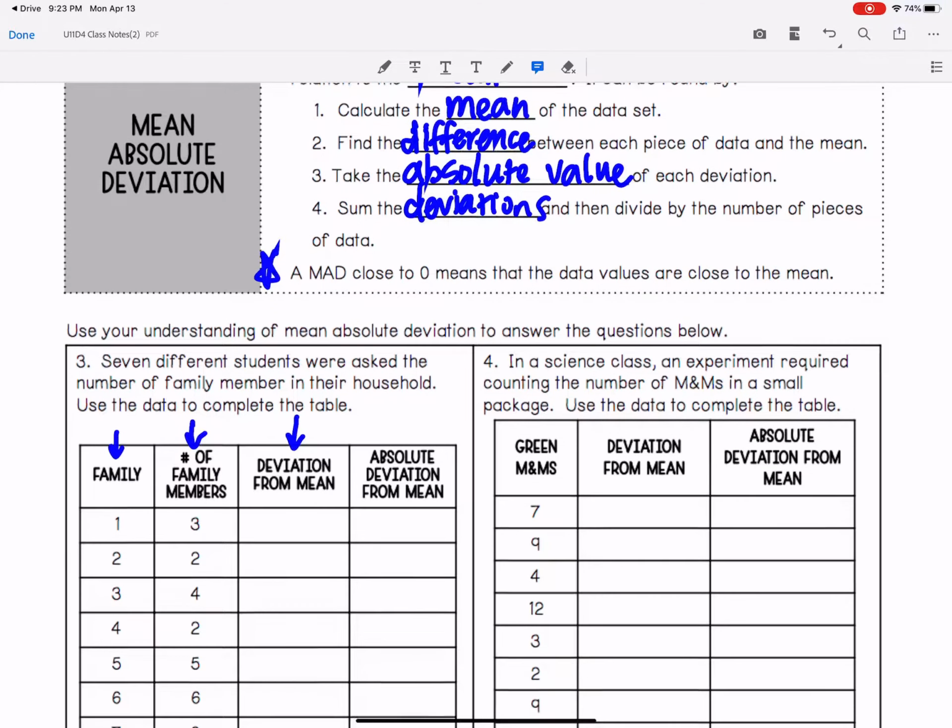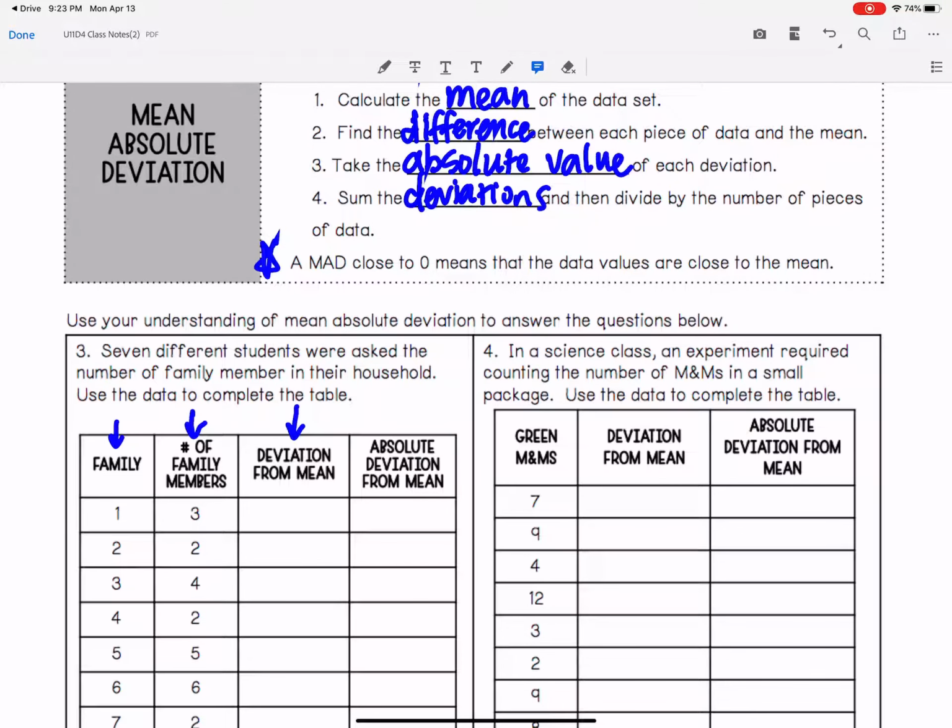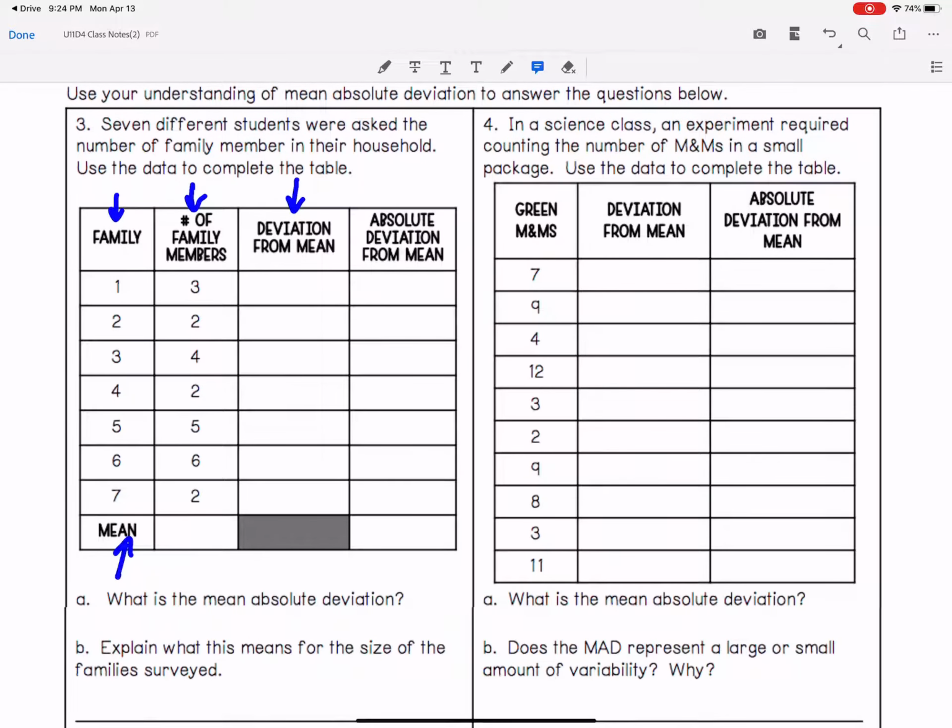Okay, so right here where it says question 1 at the very top, calculate the mean of the data set. Let's add up all of our numbers and then divide by how many numbers we have. Then the second step to find the deviation from the mean is find the difference. That means subtract. So we're going to use subtraction and the mean, whatever we end up getting. Okay, so let's go back to number 3.